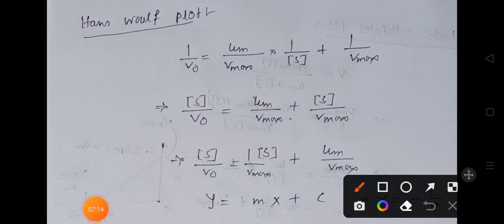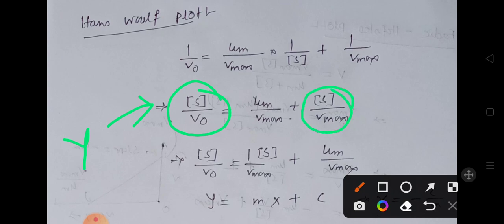So how will you do this? Let's see this one. This is totally a variable term, right? So we can consider this as y, no issue. Now it actually consists of substrate concentration and 1 by Vmax. 1 by Vmax, no doubt, is a constant term, and the other is a variable term.